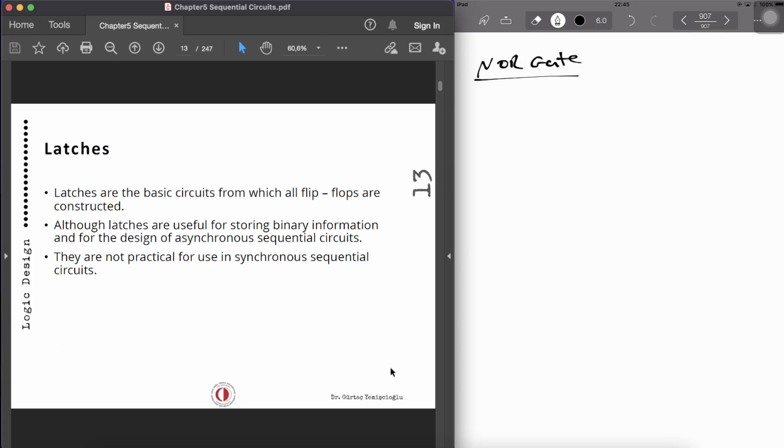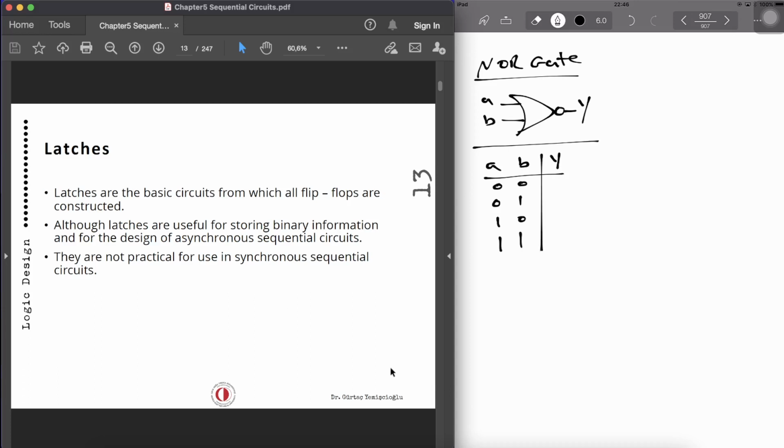Now, what do we know about NOR gates? The NOR gate symbol is an OR with an invert in front of it. Let's say we have A, B, and Y. Now the truth table: 0, 0 gives 1; 0, 1 gives 0; 1, 0 gives 0; 1, 1 gives 0.